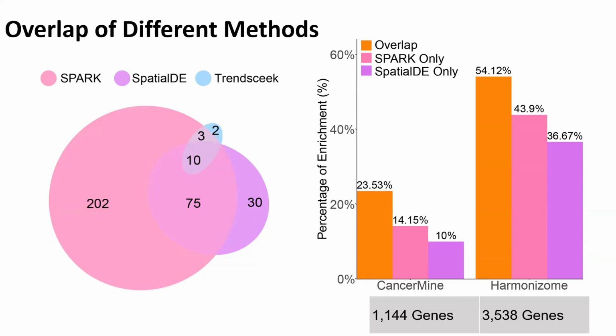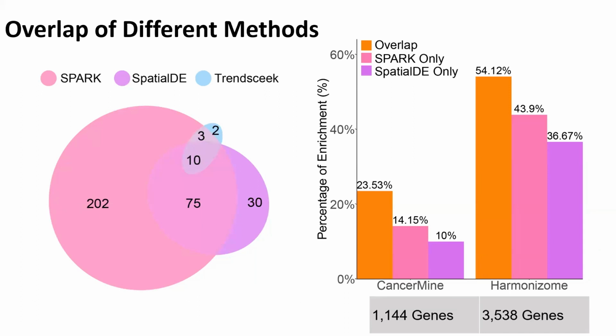And we simply asked, among those genes, say the 75 genes, how many of them exist in other existing cancer databases? We looked at two different cancer databases, a small one, and a relatively large one, the hormonal database. In the overlap set of 75, you can see that 54% of those genes exist in the cancer database.